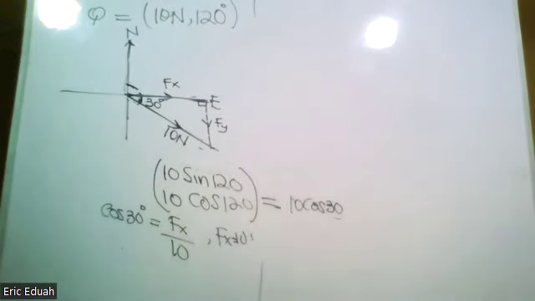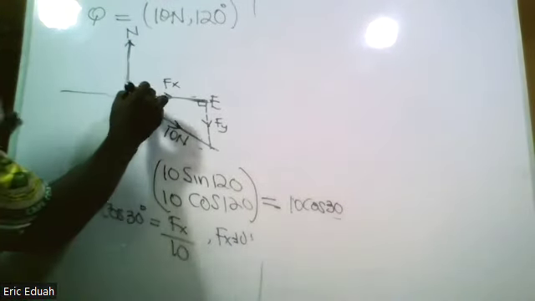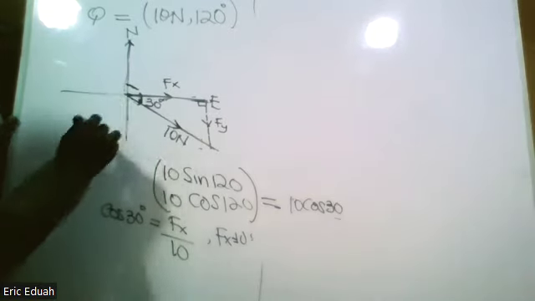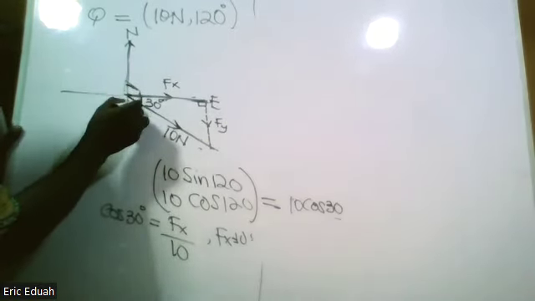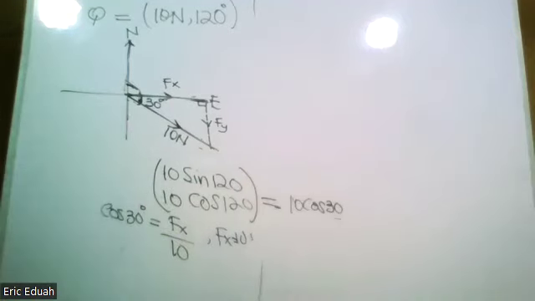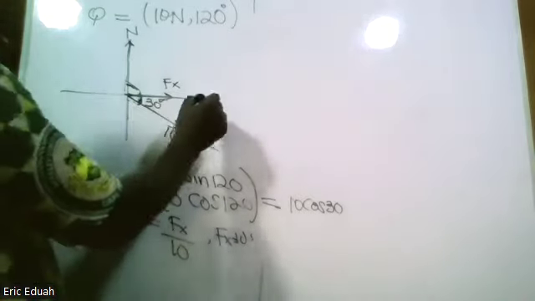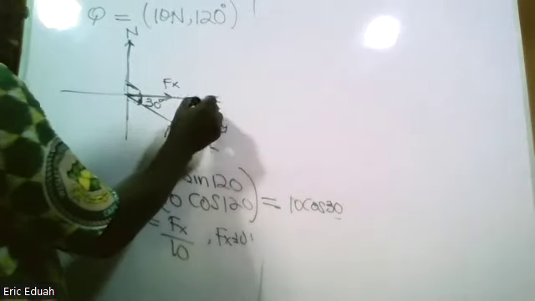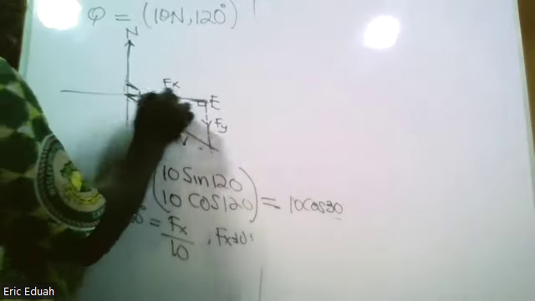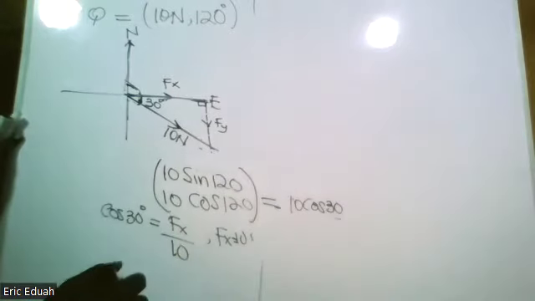So apart from the 90, the angle it makes with the x-axis is 30, meaning 90 plus 30, I get 120. So I can determine the component also using 30 degrees. When I use 30, this is the opposite side, this is the adjacent. So if I'm looking for the adjacent, I use cosine.